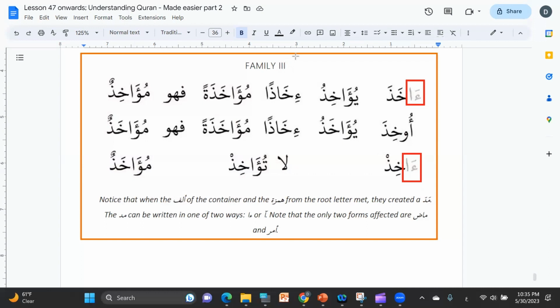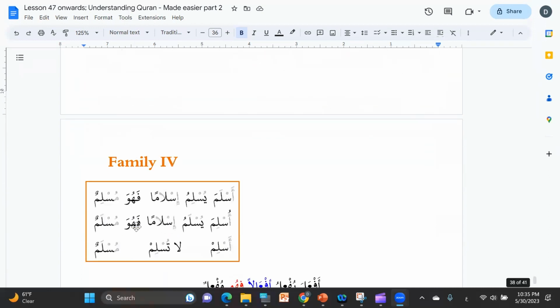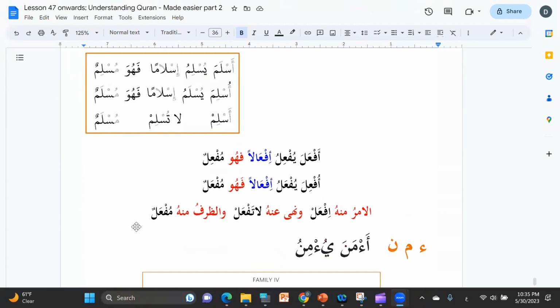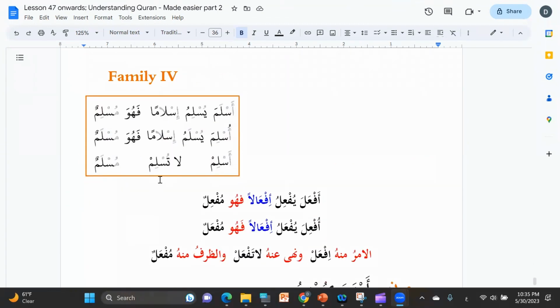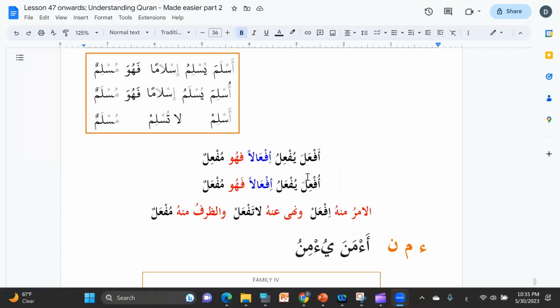So these are the two changes that occur in family 3. Now the next one, family 4, and we are going to use the same pattern.